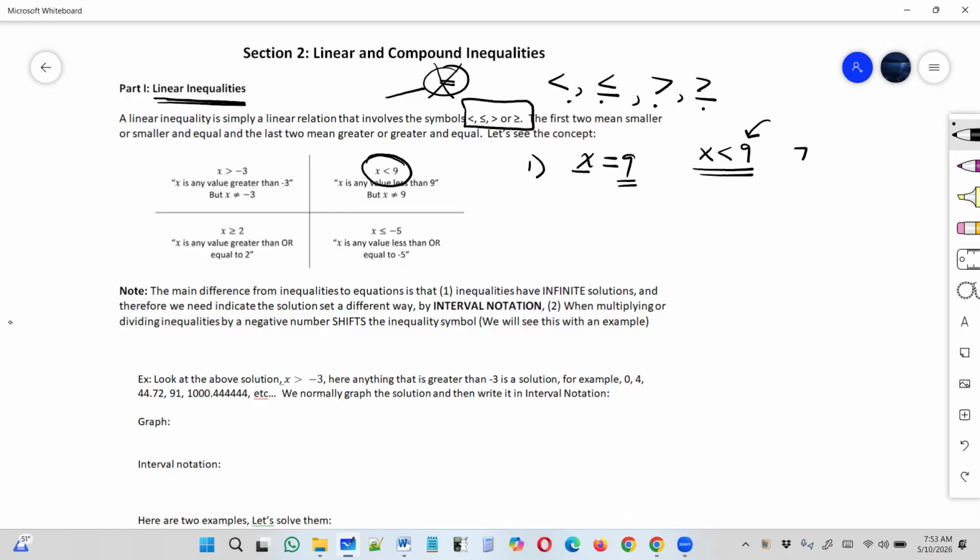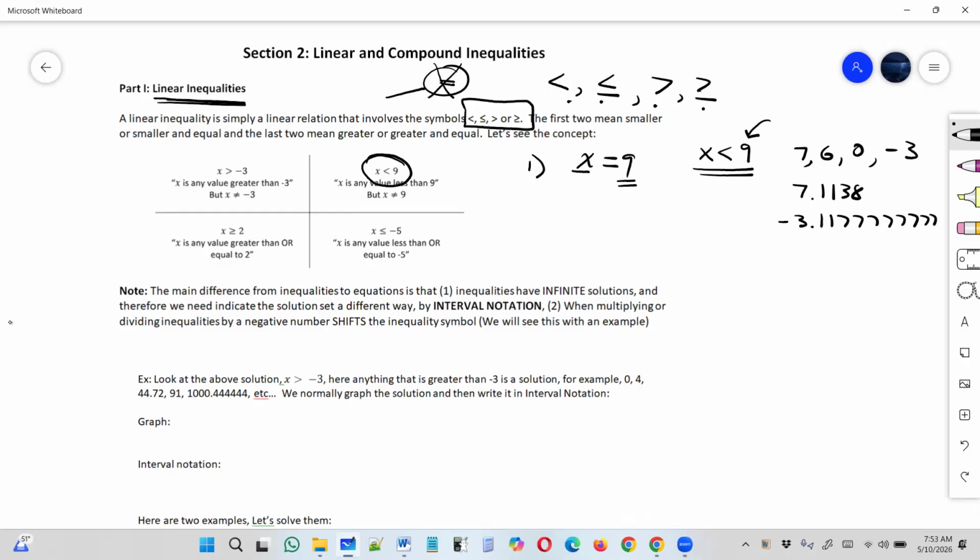For example, 7 is a solution. 6, 0, -3. How about 7.1138? Yeah, that's a solution. How about -3.1177777777 forever? Yeah, that's also a solution.